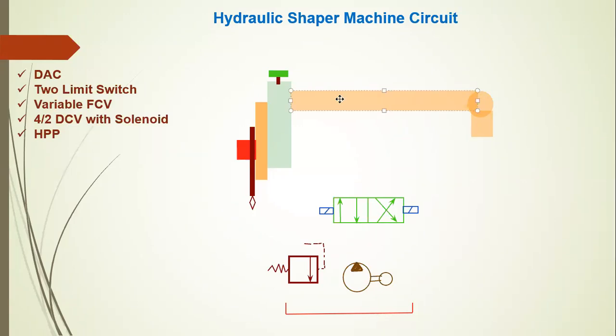Here is a ram. Here is a hand wheel. Then after, the clipper box. Then after, the tool post. And then after, the cutting tool.